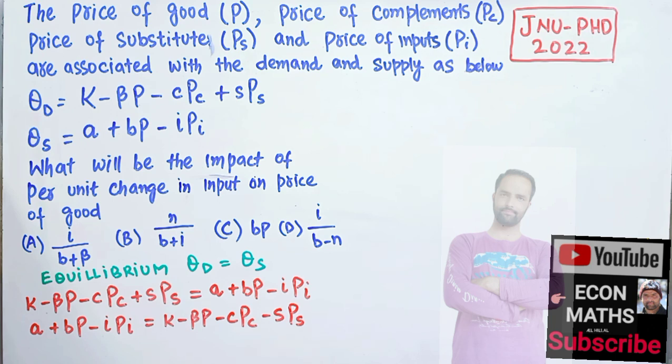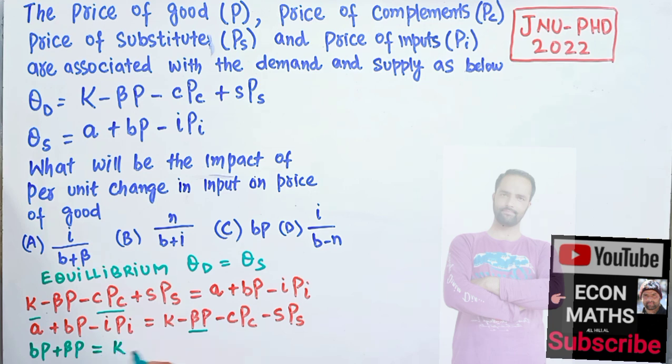Okay, so we can do one thing here. Let us transpose this beta P, the price of good, to LHS and these terms to RHS.